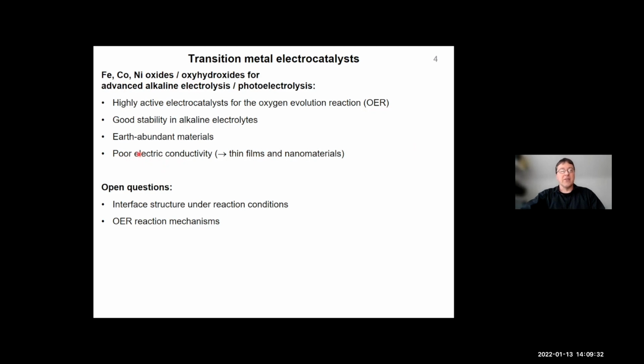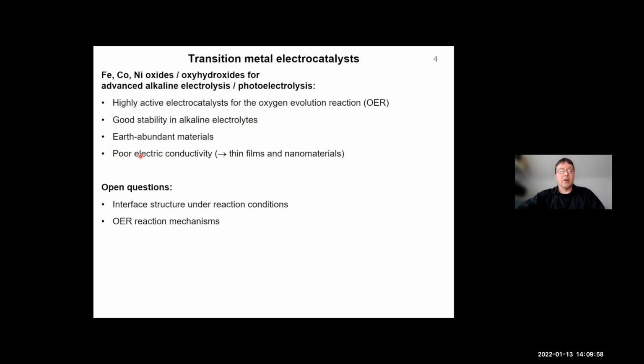This is of course also a big problem for surface diffraction studies, because you cannot work with single crystals. You can make such single crystals, but very often they have too poor electric conductivity to actually evolve oxygen on them. So we also have to work with thin film samples, unfortunately.